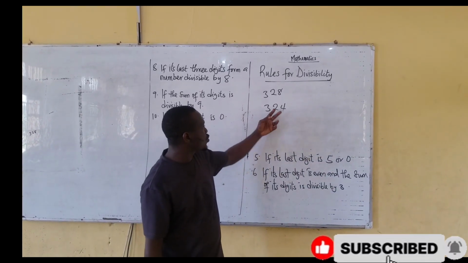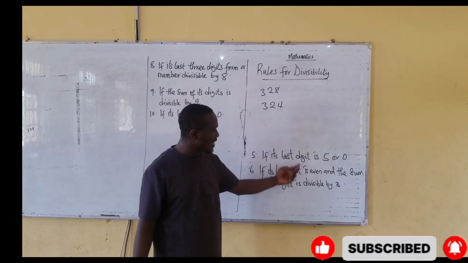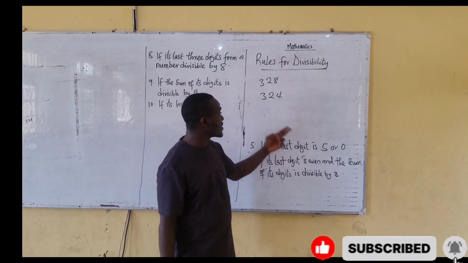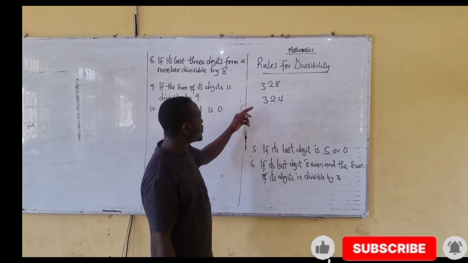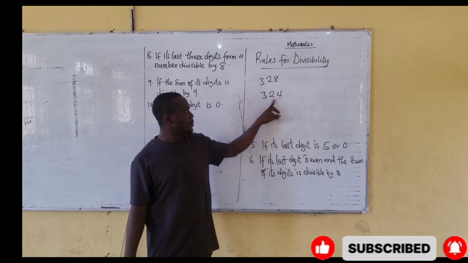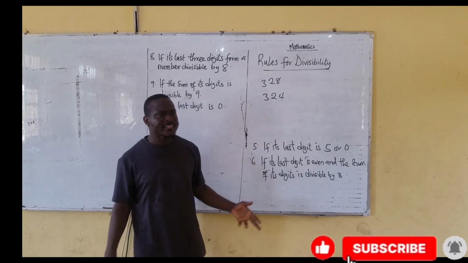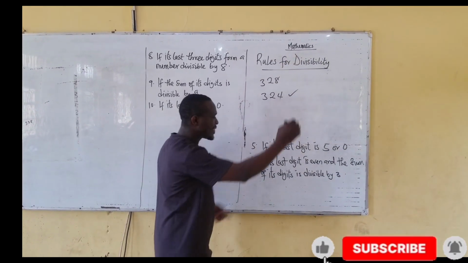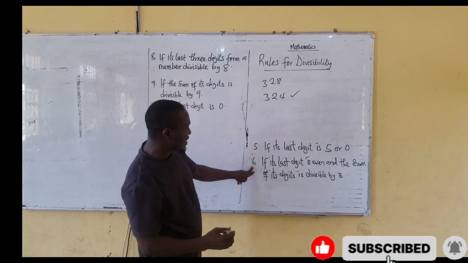The last 2 digits are even, and the sum of the digits is divisible by 3. Let's add the sum. 3 plus 2 is 5, and 5 plus 4 is 9. So automatically, this one can be divisible by 3. That is by 6.